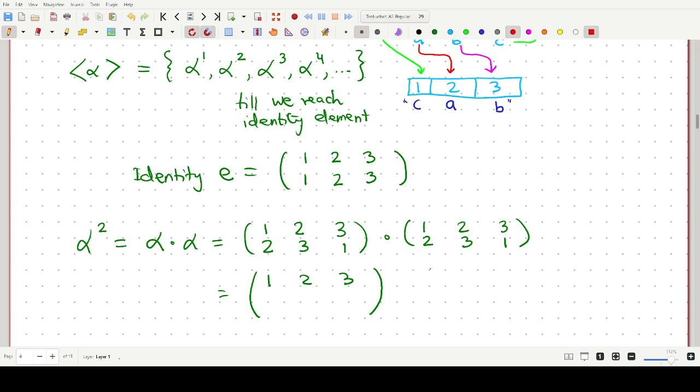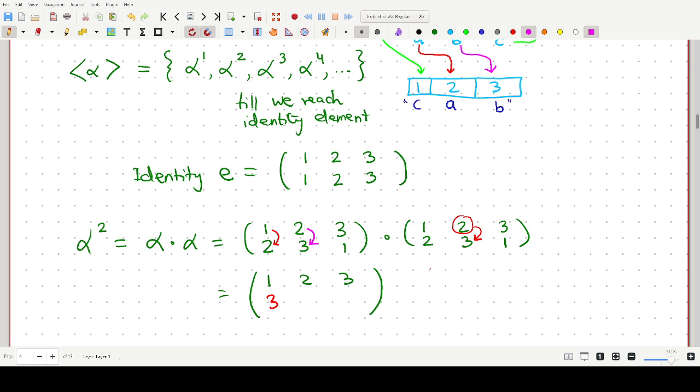Look at the red line. The red arrow takes 1 to 2 in the first permutation, and in the second permutation, the 2 is taken to 3, and hence 1 goes to 3. In the second position, 2 goes to 3 in the first element.